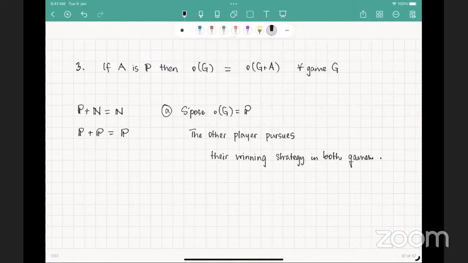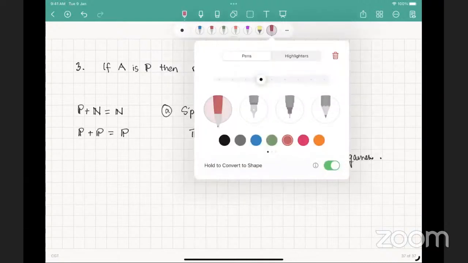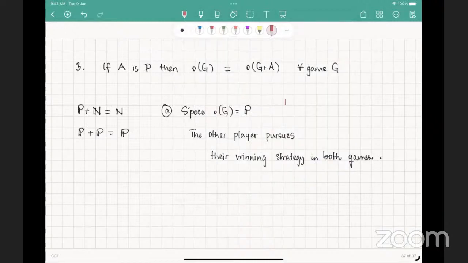And notice why this does not work if you are working with an N plus N game. From an N plus N game, the current player has a winning strategy in both the games, right? But for example, they can immediately win one of these games and finish it off.